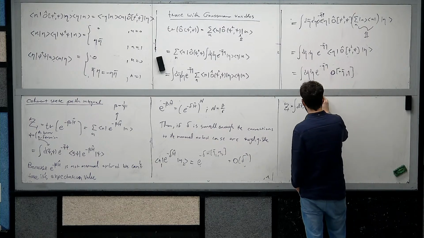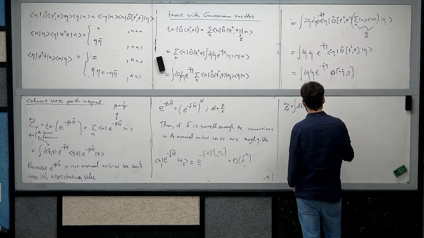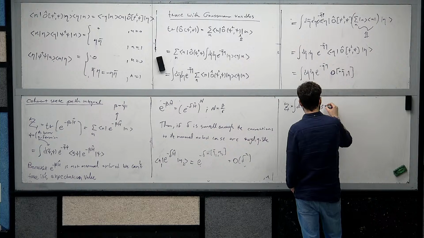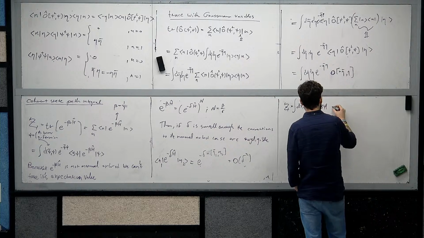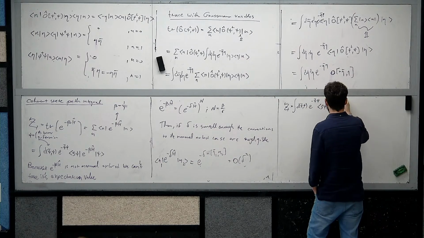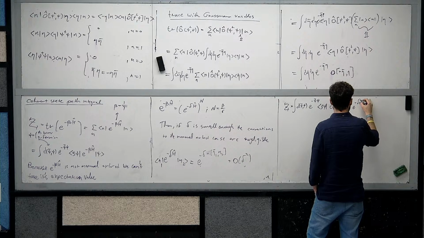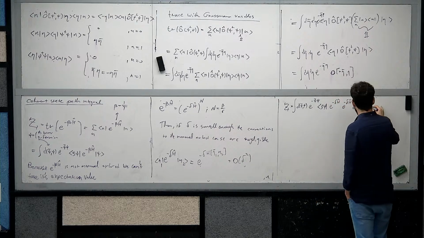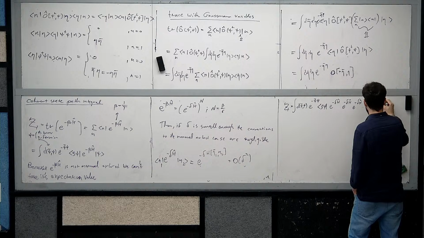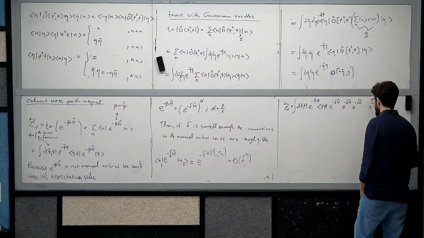So I have e to the minus psi bar psi, and zeta psi, and then I have e to the minus delta h, e to the minus delta h, e to the minus delta h, you get the message, e to the minus delta h psi.